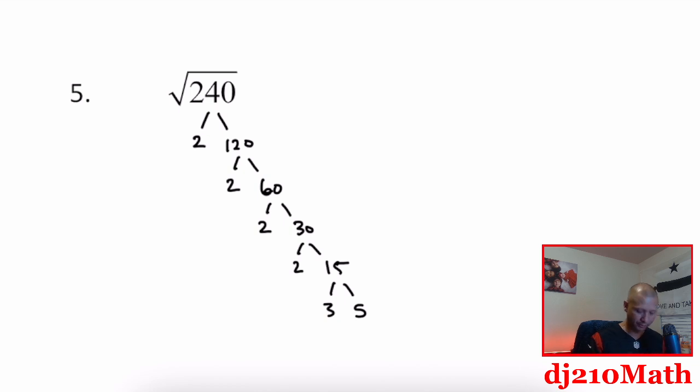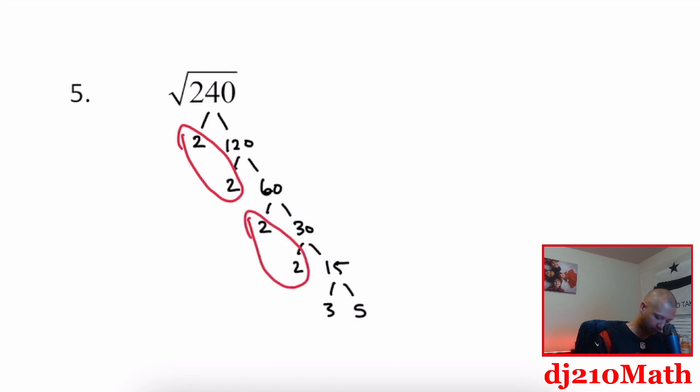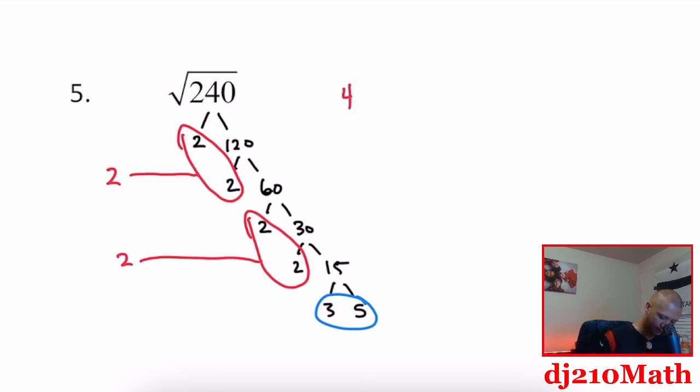So we broke it down into its prime numbers, and we circle all the pairs. 2, 2. So this will leave as a 2. These will leave as a 2. 3 and 5 stay behind. So outside, 2 times 2 is 4. Inside, 3 times 5, 15.